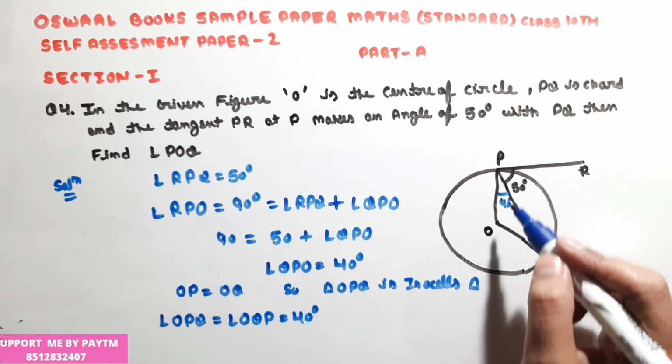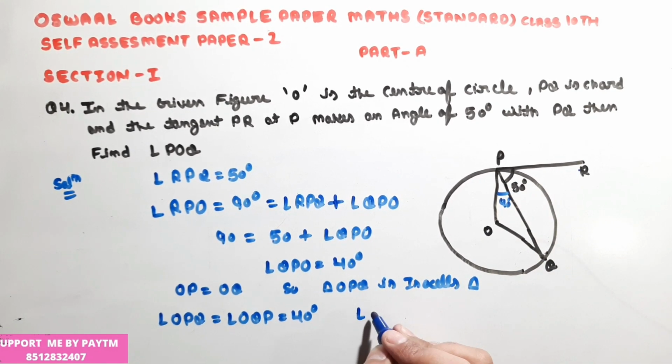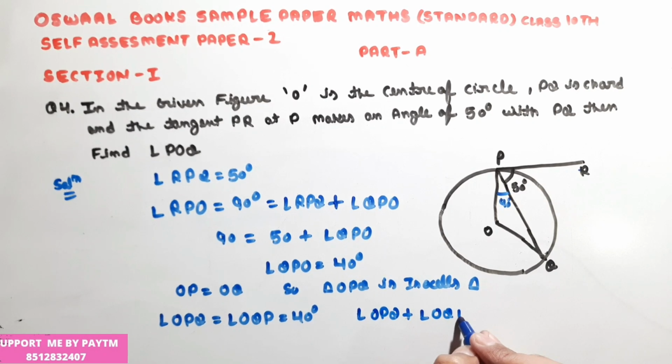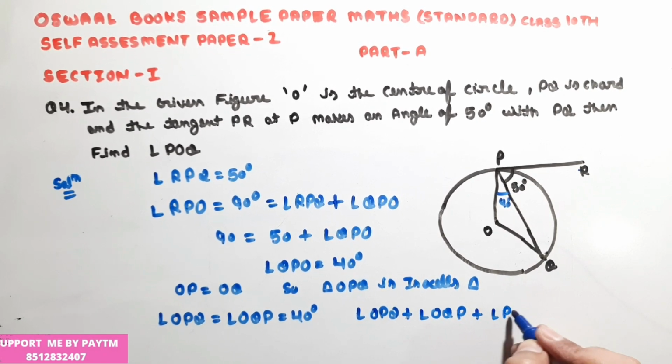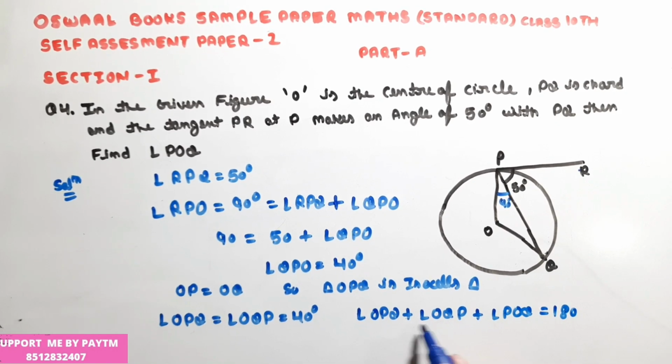In triangle POQ, angle OPQ plus angle OQP plus angle POQ equals 180 degree.